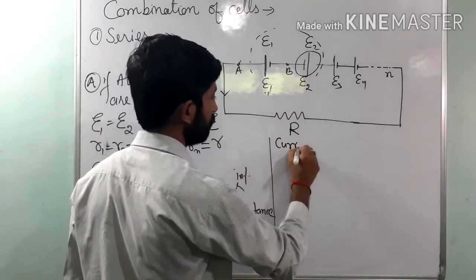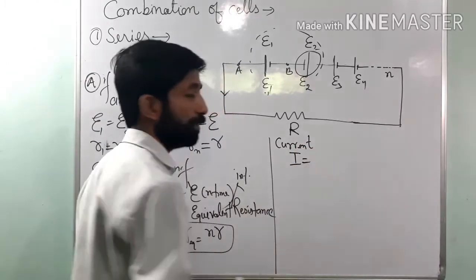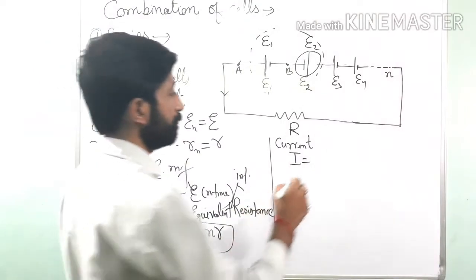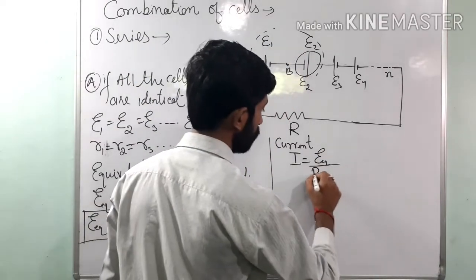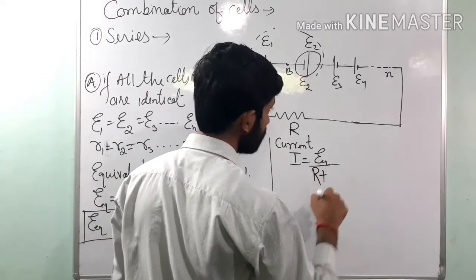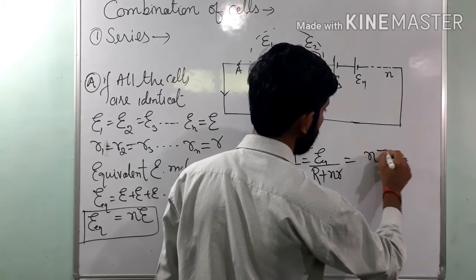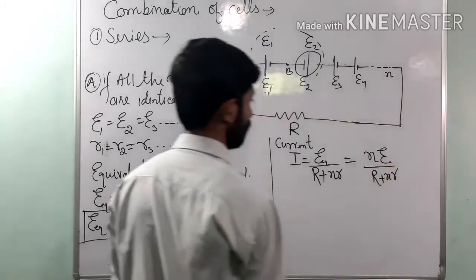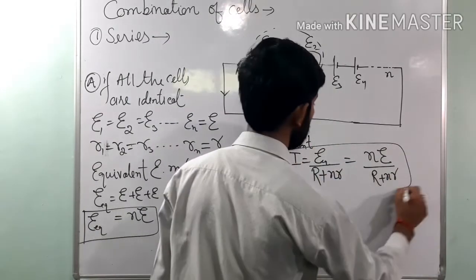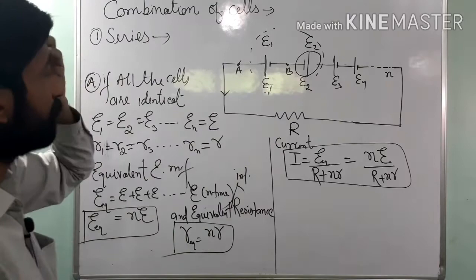Current I equals how much? Total EMF over total resistance of the circuit, that is nE over R plus nr. This is the value of current in this circuit.